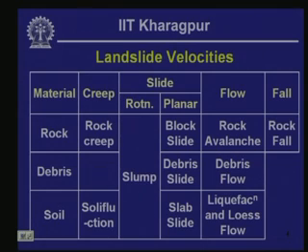So, at one end of the material spectrum we have got rock, and that includes hard rock as well as weathered rock. Then on the other end we have got soil, and in between we have got both. The potentially unstable mass is going to be comprised of both soil size grains, as well as blocks of rock which could be as huge as boulders, and that is given the name debris.